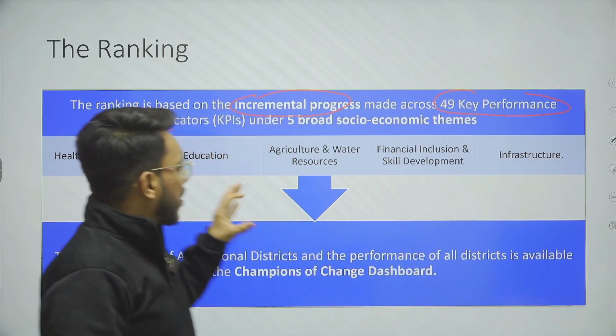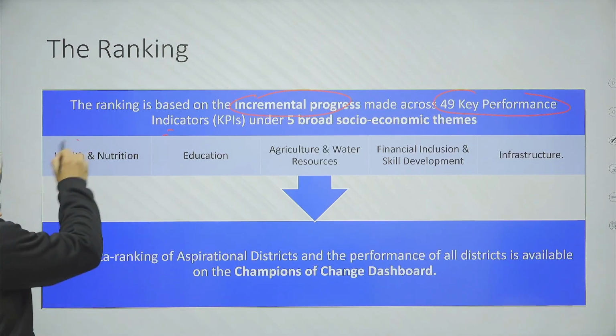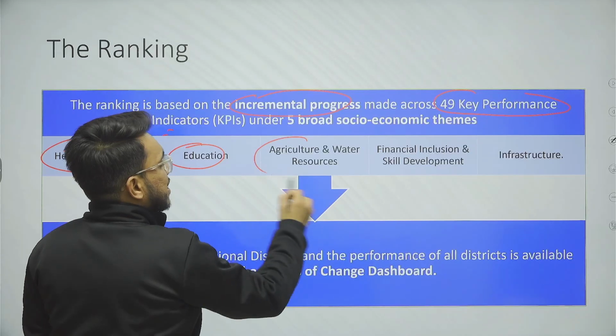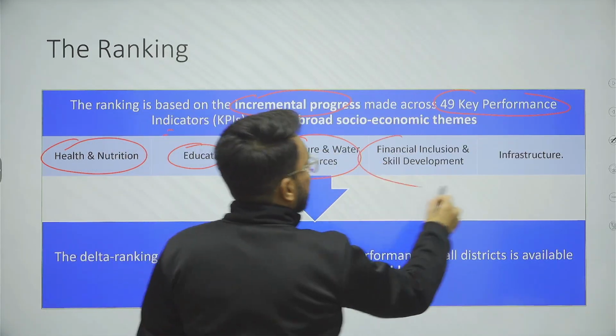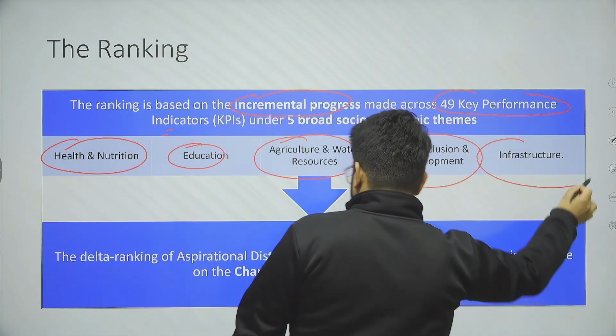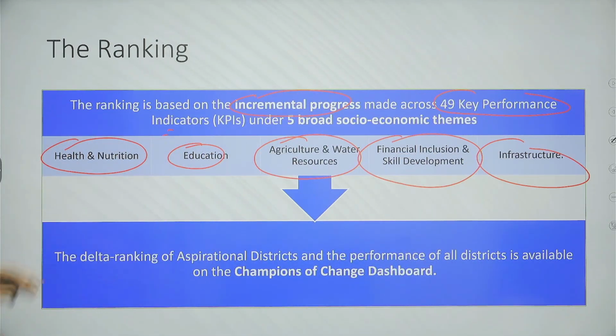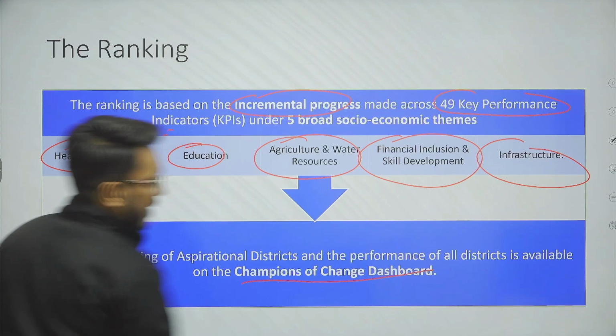So the 5 broad themes are number 1, health and nutrition. Number 2, education, agriculture and water resources, financial inclusion and skill development, and infrastructure. On these 5 socio-economic themes, ranking will be given. Now this ranking is available on the Champions of Change dashboard.